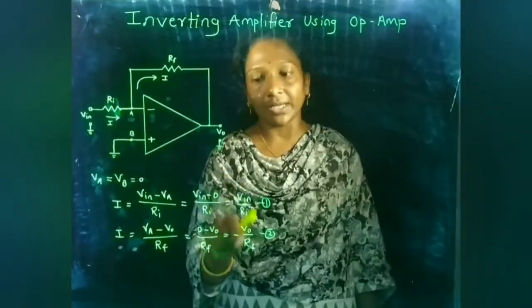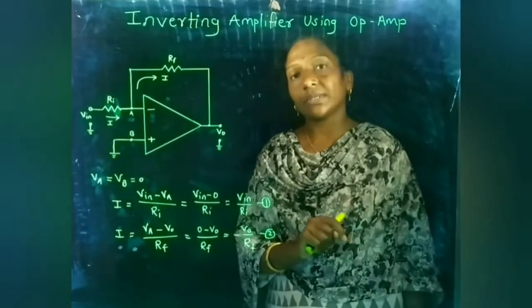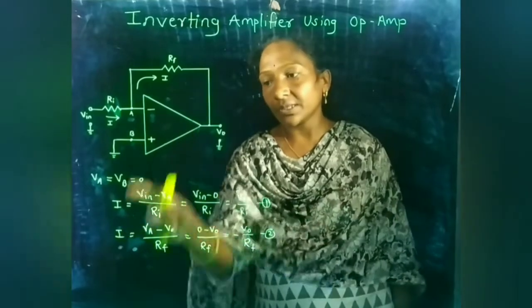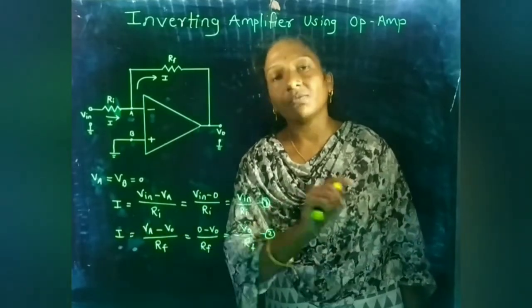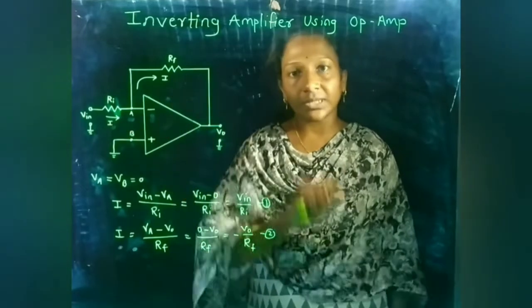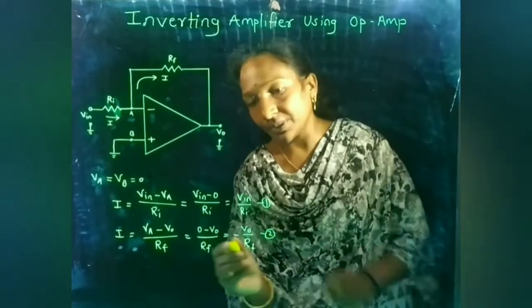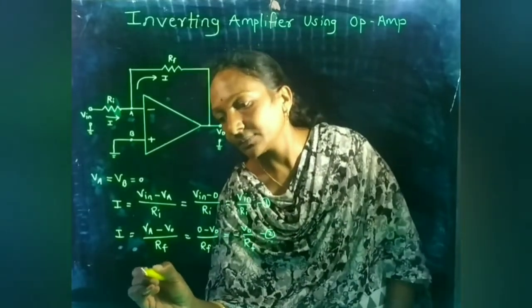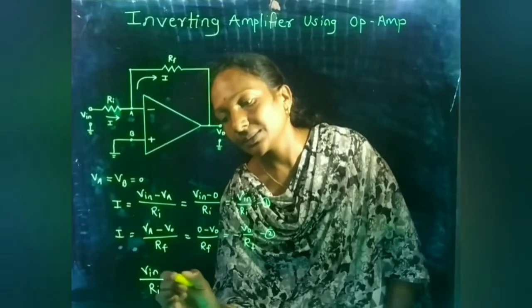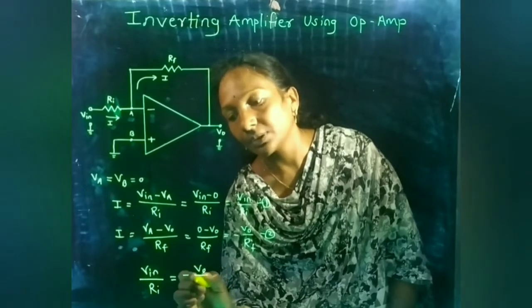Substitute the value of VA equal to 0, so I is equal to minus V0 divided by Rf. Since both currents are the same, equate the equations and it becomes Vin upon Ri is equal to minus V0 upon Rf.